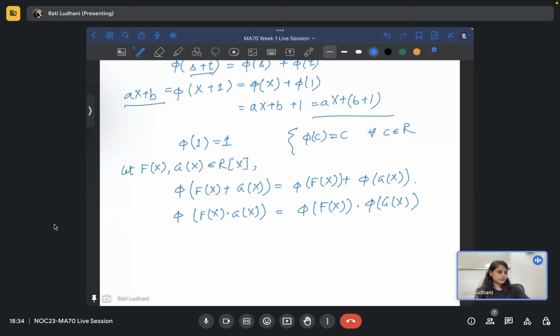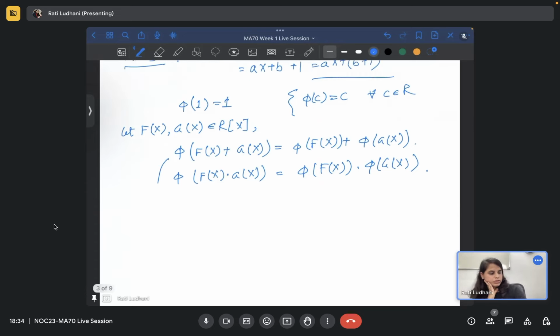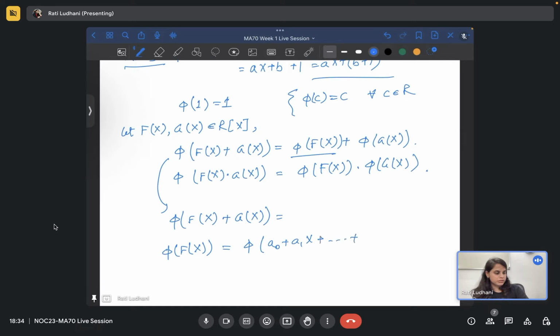These two properties you need now. So how should phi of f(x) split in your sense? f(x) is like a0 plus a1 x and so on. This is a polynomial, so there will be some degree, and let's say n is that degree. That means a_n is non-zero. This is your f(x).